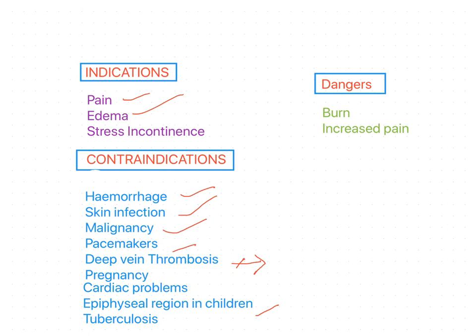Coming to the dangers, the only real damage is that of an electrical burn. If a bare electrode touches the skin, or if the electrodes on the skin are too close, allowing a skin current to pass between them rather than through the deeper tissues. And also sometimes it may cause increased pain.